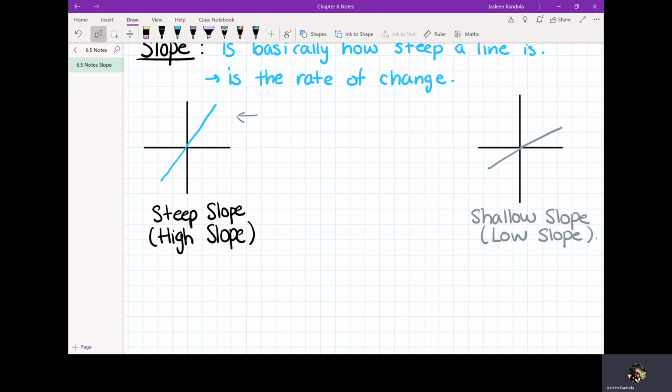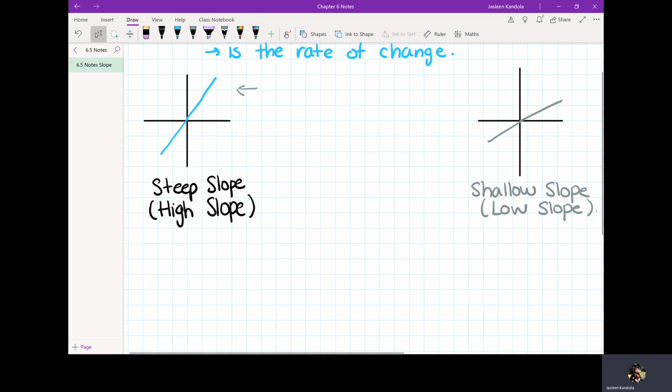So since we know that slope is how steep a line is, we can have a line that is going downwards as well.